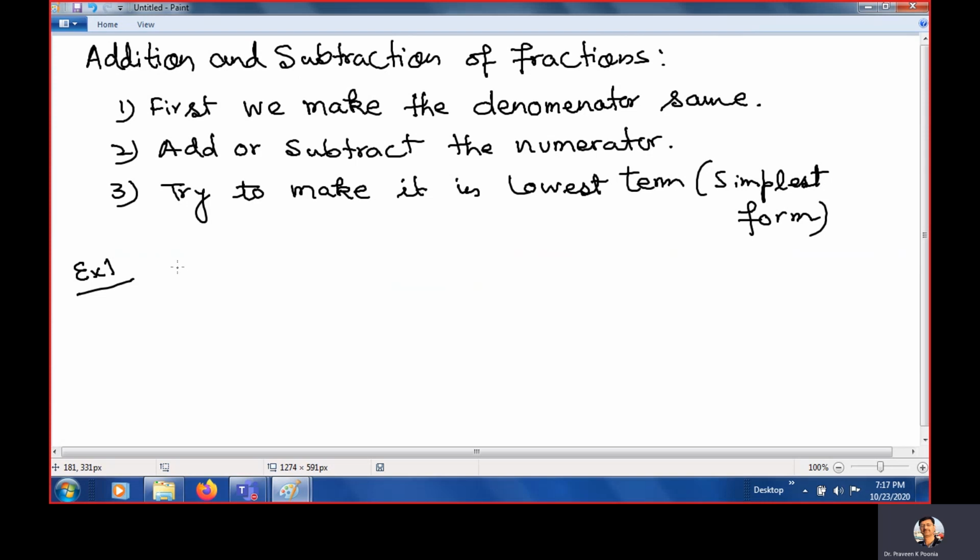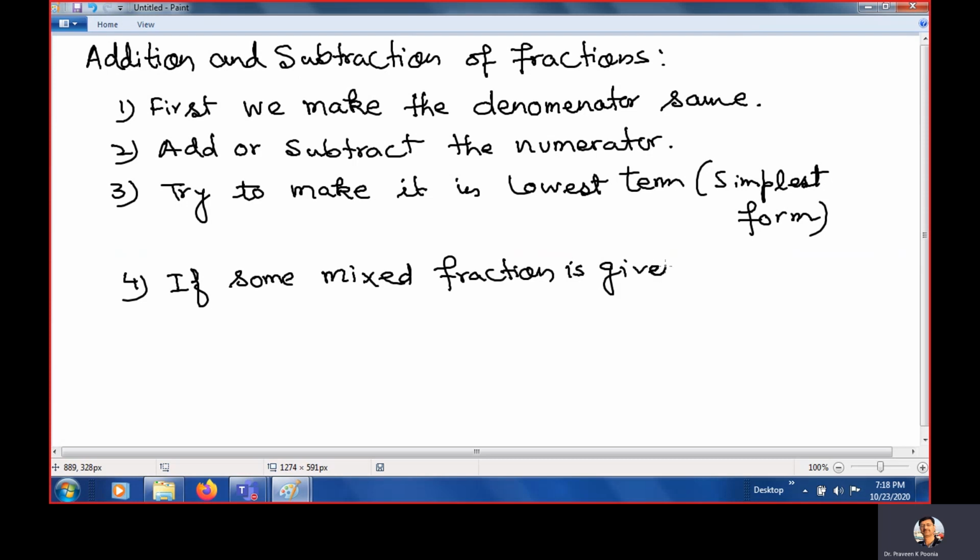One more thing I want to add here, point number 4: if some mixed fraction is given, you need to change it into improper fraction first.